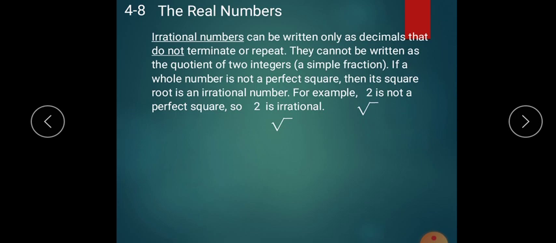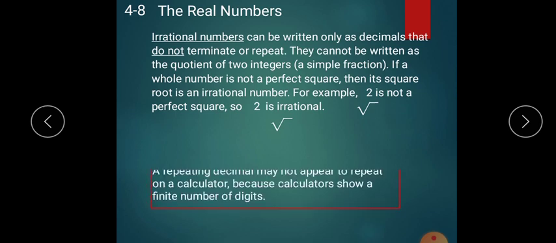So remember, when a question says non-repeating and non-recurring, it always means it is an irrational number. So the square roots of prime numbers like root 2, root 3, root 5, root 7, root 11, root 13, all these root values of prime numbers are always irrational numbers.